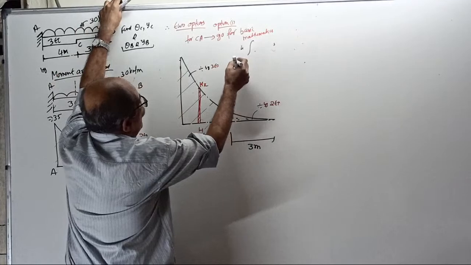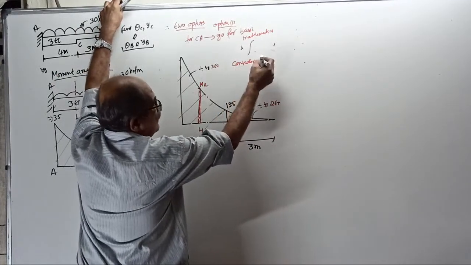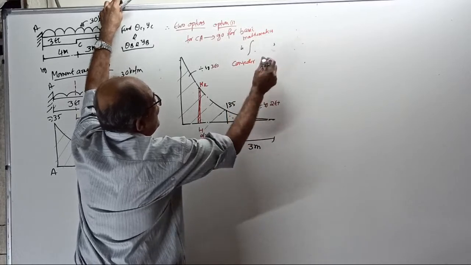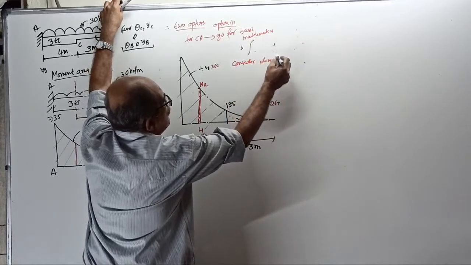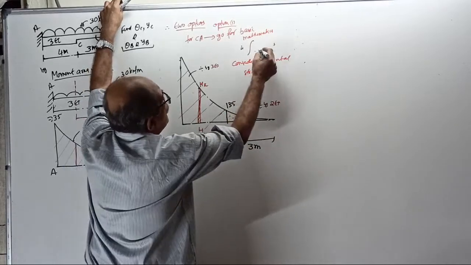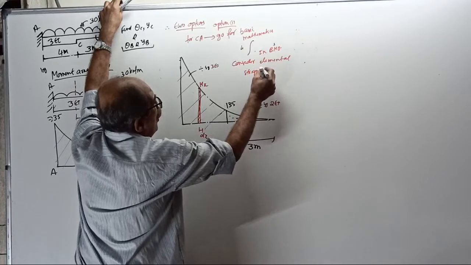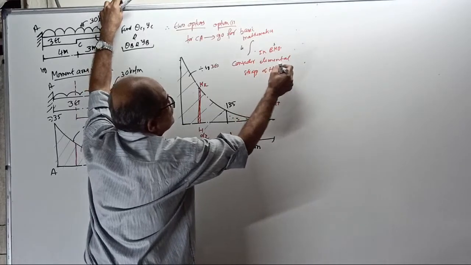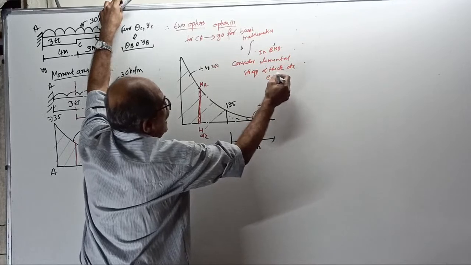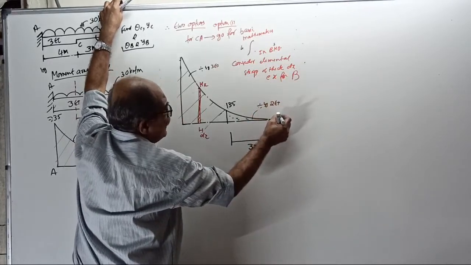Tell me, consider an elemental strip in the BMD, of thickness dx at x from B. Remember, x from B, very important.